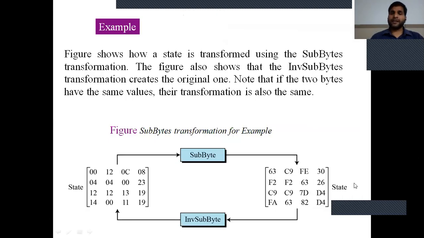Similarly, we apply the inverse substitution on each byte. We find the value FA for 14, where F means row and A means column.